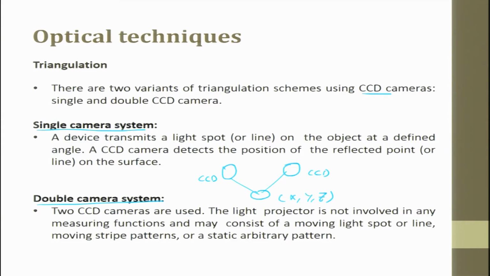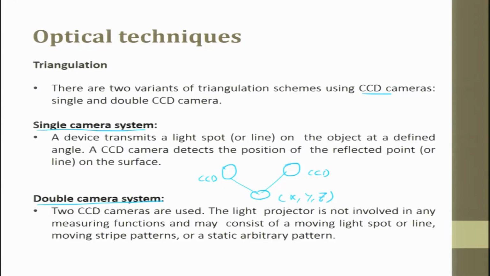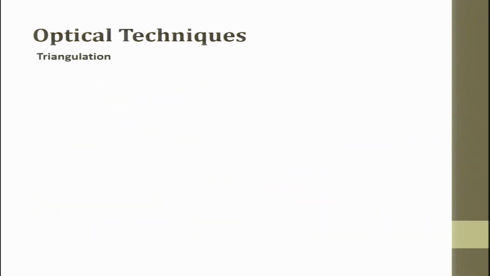If you use a handheld reverse engineering tool to measure the distance of the entire car, you can either use a single camera system or a double camera system to do reverse engineering and measure the spots. So, when we are talking about the optical triangulation technique, let me draw a schematic diagram of the instrument.